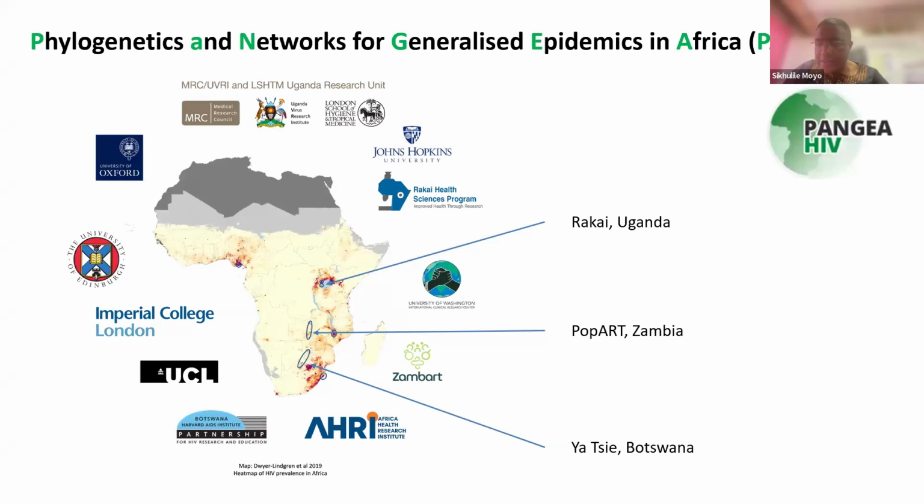Within the changing phase of the epidemic, we use additional tools like deep sequencing, phylogenetics and modeling, with the goal of ultimately understanding how we can better target HIV control efforts. As a consortium to date, we have generated HIV deep sequencing data from more than 30,000 unique individuals over the last decade, and also generated tools and built capacity in a number of African countries to be able to do this analysis as well. Next slide, please.